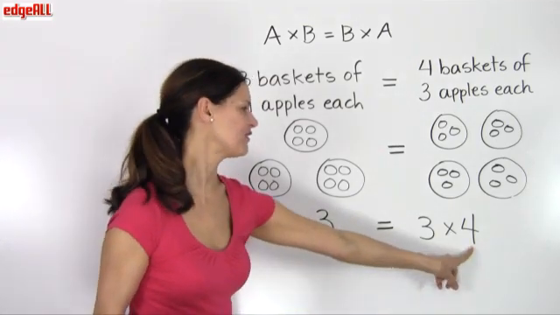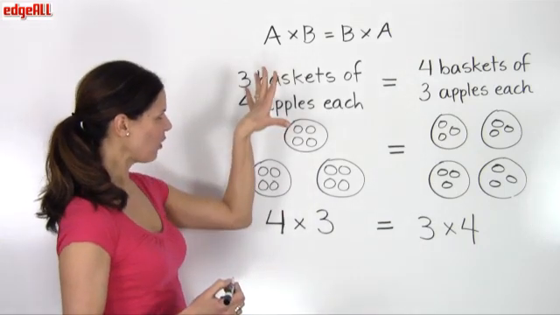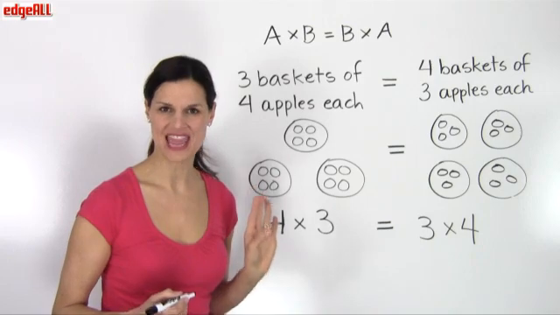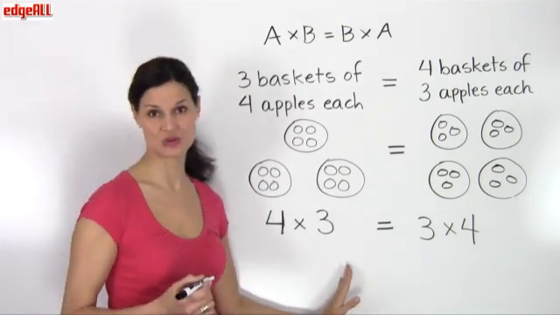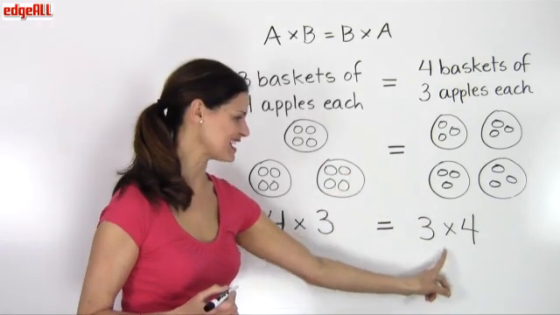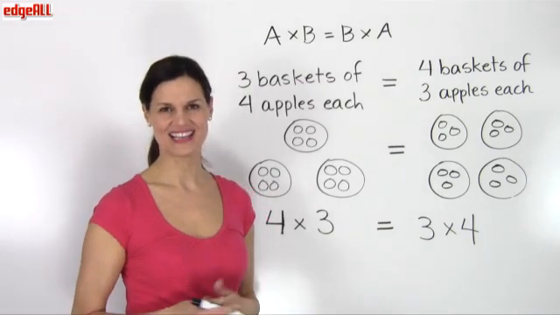So 3 times 4 in this setup. But the whole idea of the commutative property of multiplication tells us that whether we do 4 times 3 or switch them and do 3 times 4, the product, the answer, is the same.